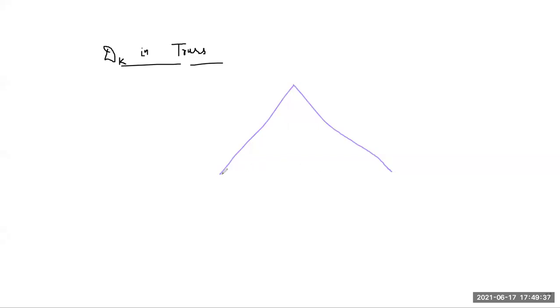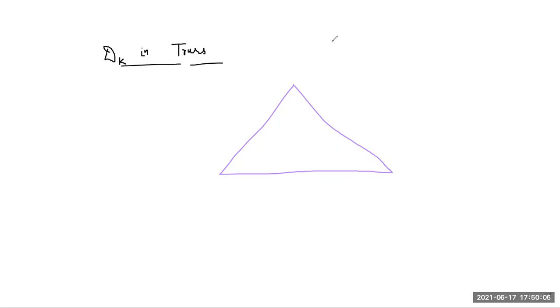How many degrees of freedom are seen for this truss? 6. 6.